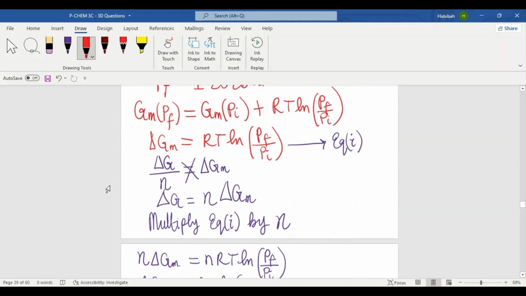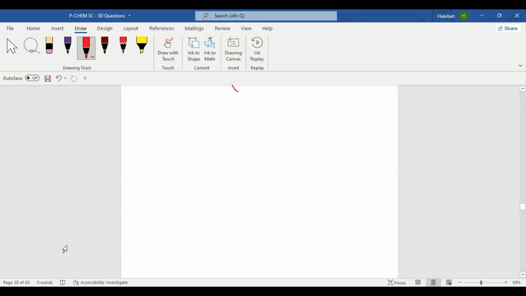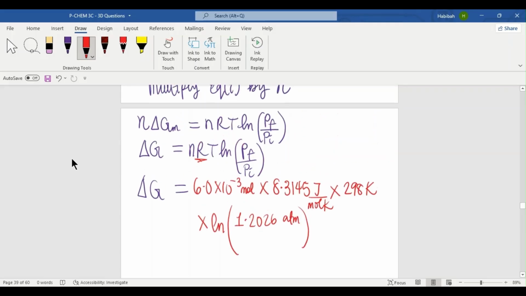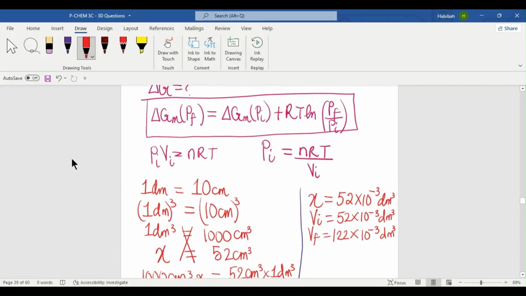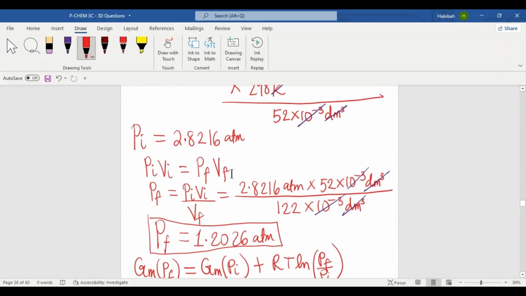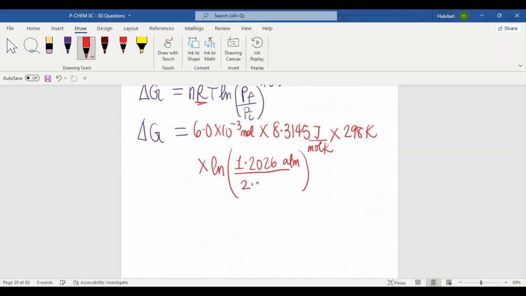We just solve for that. P final is this one right here, 1.2026 atmospheres, divided by P initial, which is 2.8216 atmospheres.